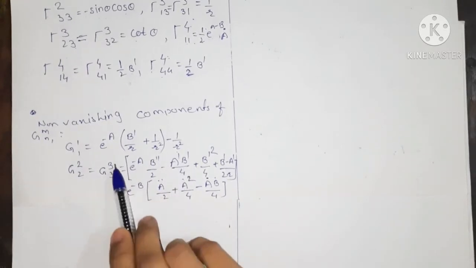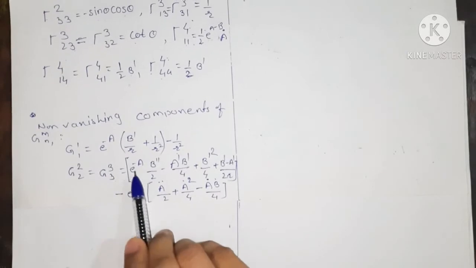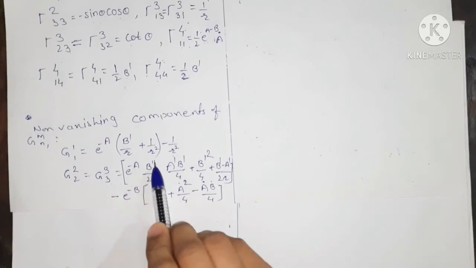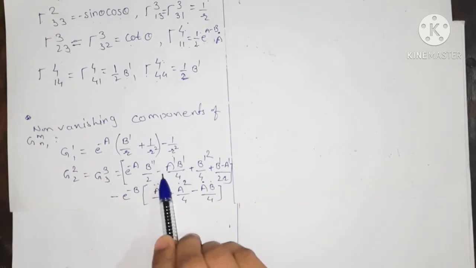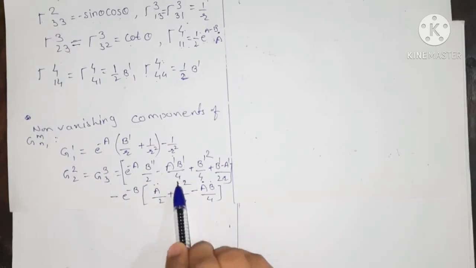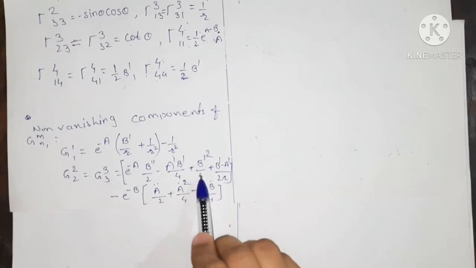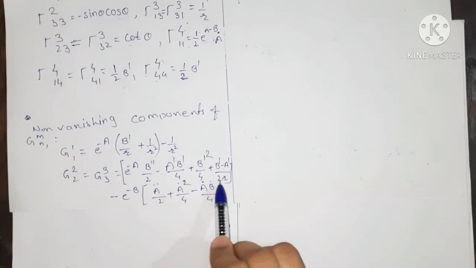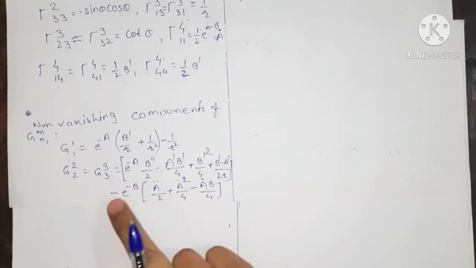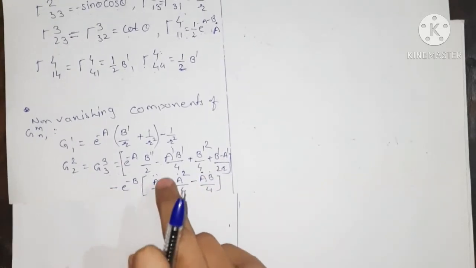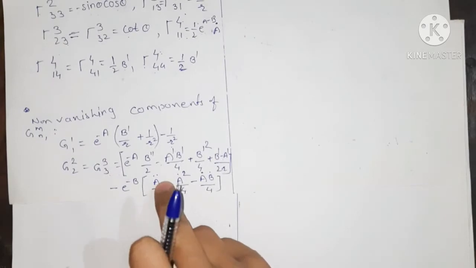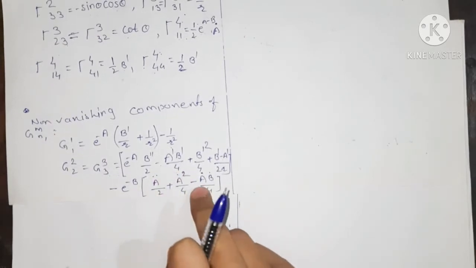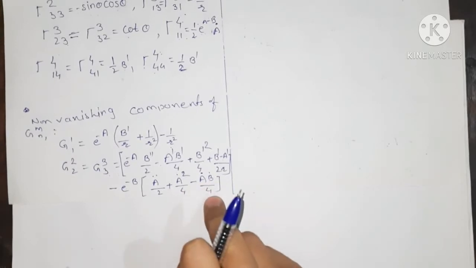G22, which is the same as G33, equals, in a closed bracket, e to the power minus a in bracket b double dash upon 2 minus a dash into b dash upon 4 plus b dash square upon 4 plus b dash minus a dash upon twice r, bracket close, minus e to the power minus b in bracket a double dot upon 2 plus a dot square upon 4 minus a dot into b dot upon 4.